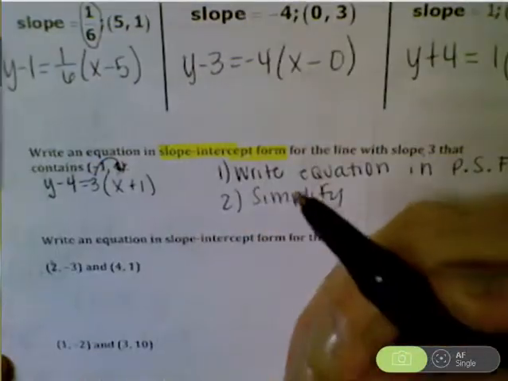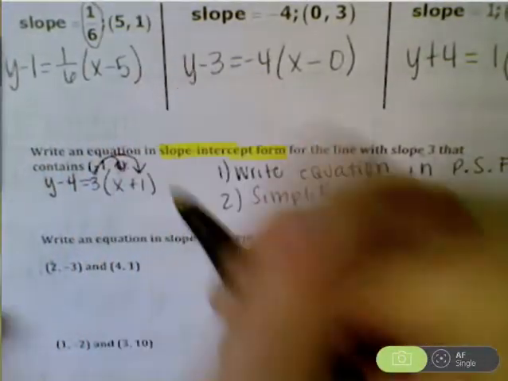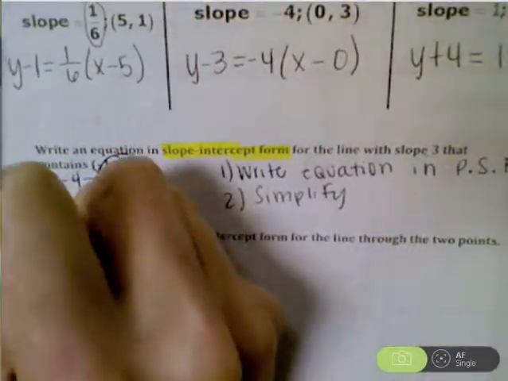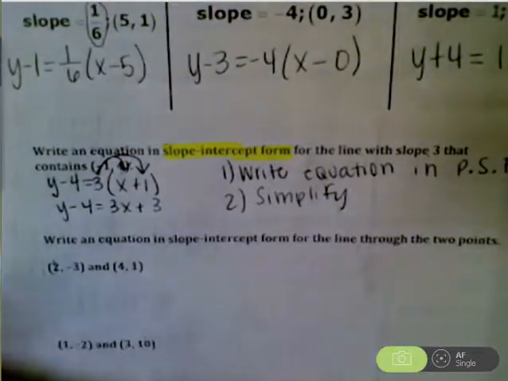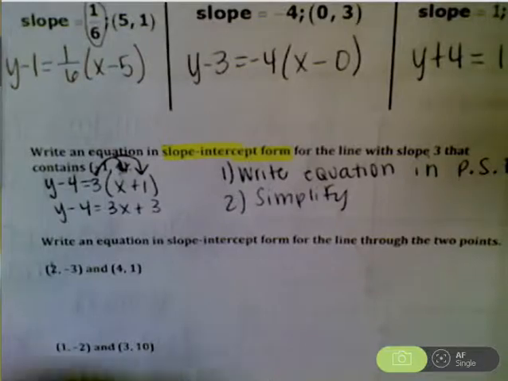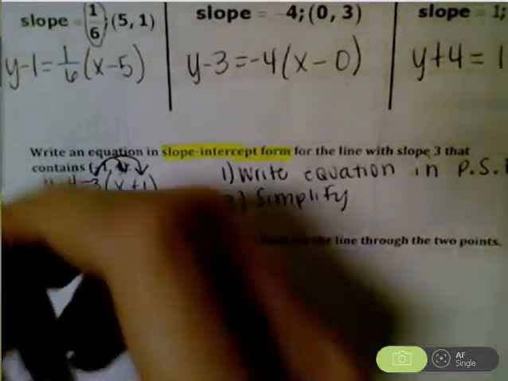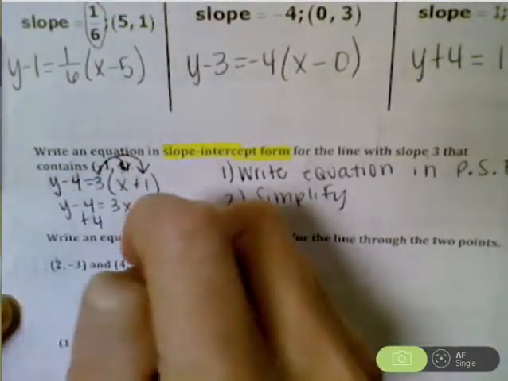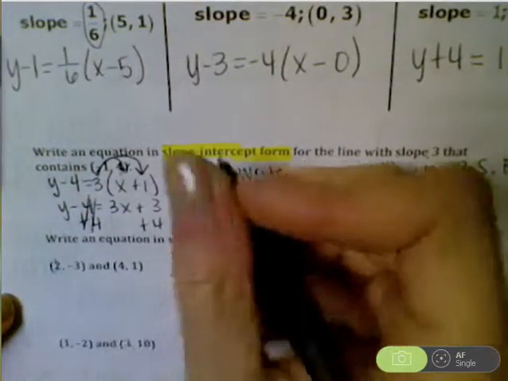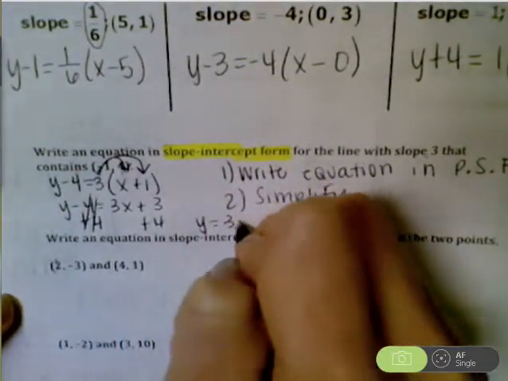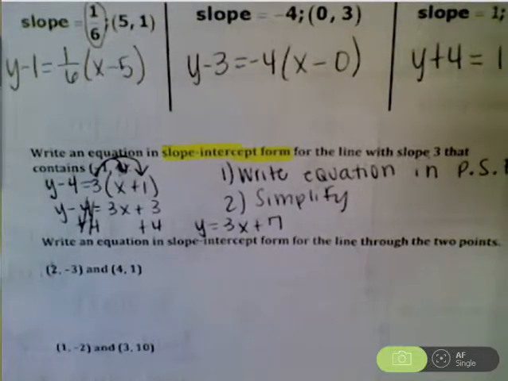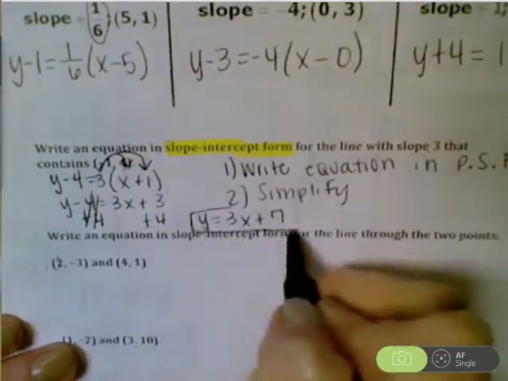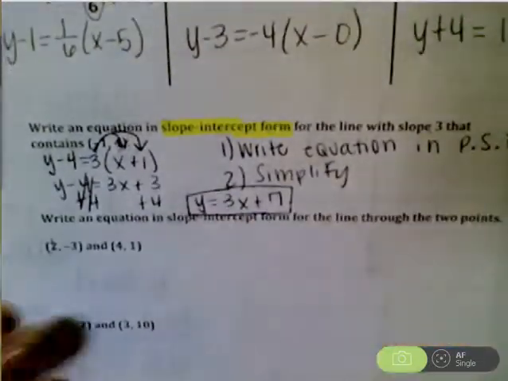I can distribute the 3, which would be y minus 4 equals 3x plus 3. And then what else could I do? So y equals 3x plus 7. Now, this is my final answer because it's in the correct form, slope-intercept form.